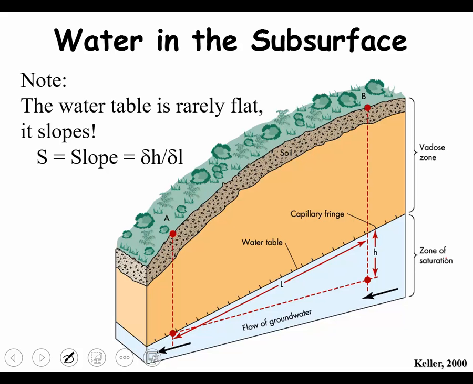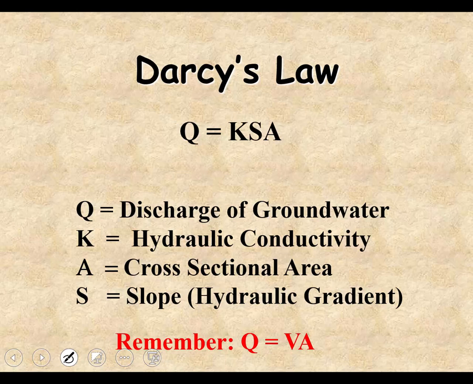So that's going to be delta head over delta L, the head difference over delta L. That's the slope, and we're going to use that as one of the primary variables in determining the velocity, which is K times S, and the discharge, which is velocity times cross-sectional area.